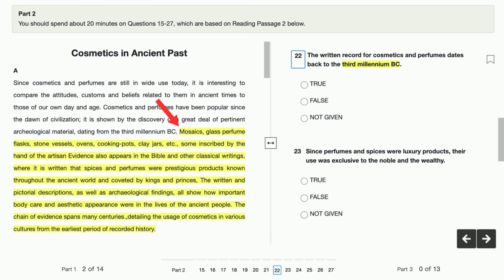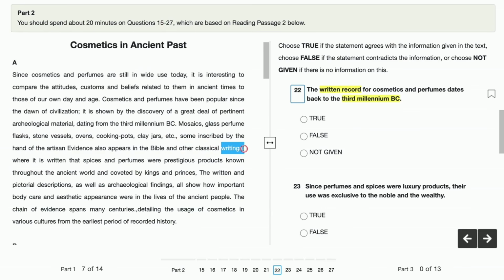The written and pictorial descriptions, as well as archaeological findings, all show how important body care and aesthetic appearance were in the lives of the ancient people. The chain of evidence spans many centuries, detailing the usage of cosmetics in various cultures from the earliest period of recorded history. As you can see, here it says writing and here it says written, so maybe this part is about written record. Let's read it.